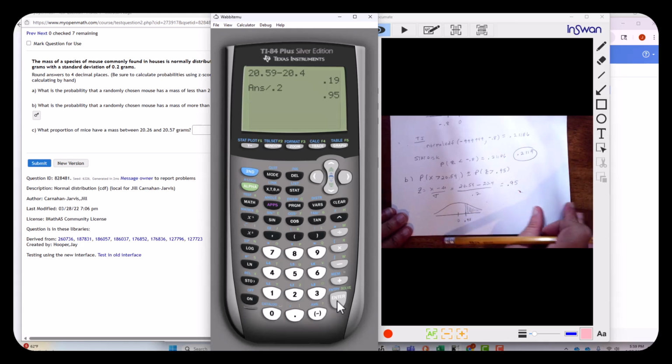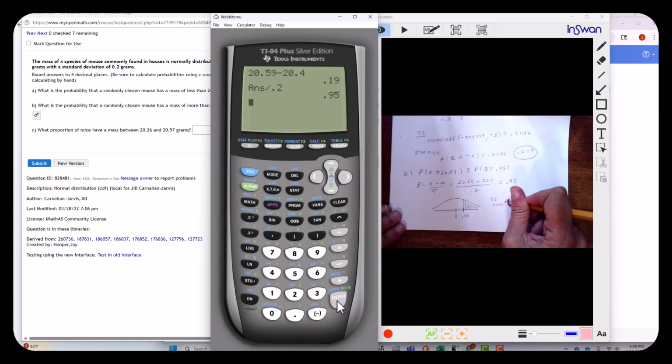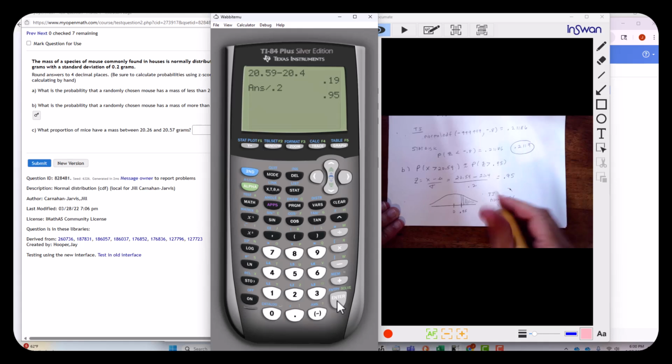Okay, so let's see if I can do this all on one sheet. On the TI, it's going to be normalcdf. I wrote CDD, it should be normalcdf. And now it's going to be 0.95, comma, 999,999.